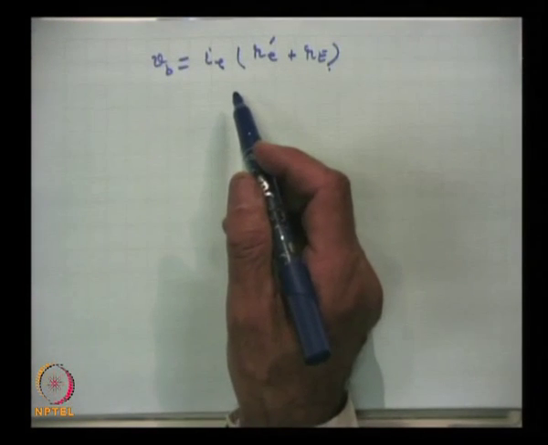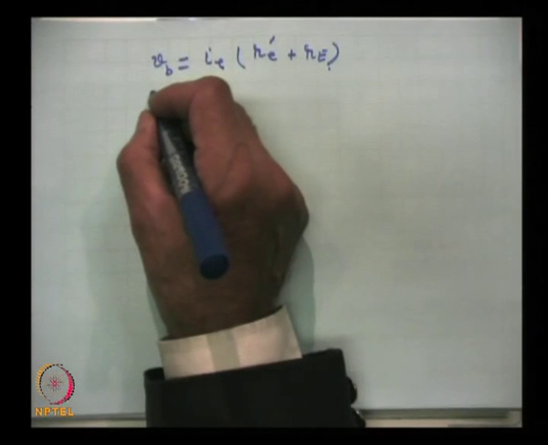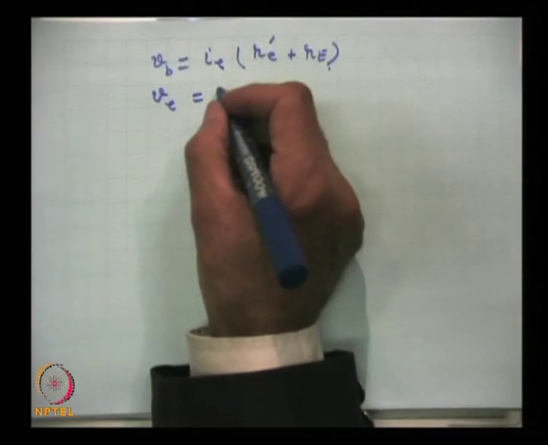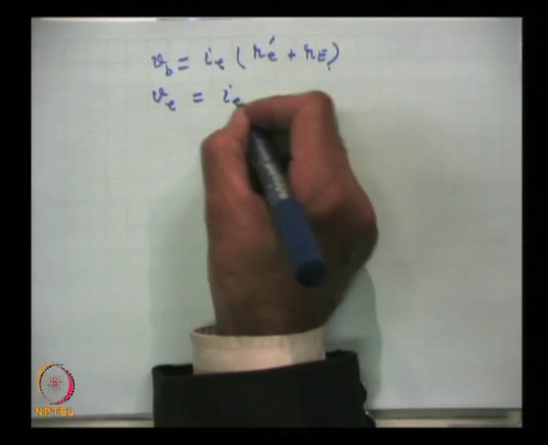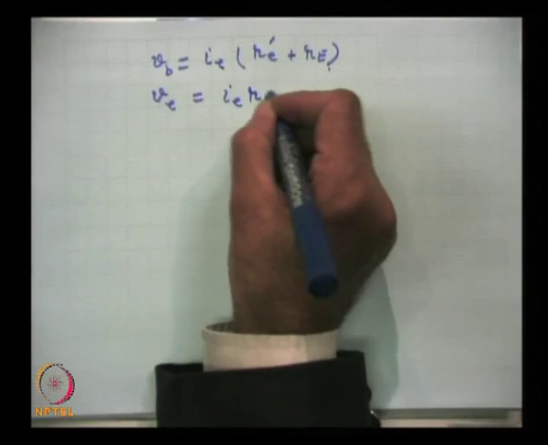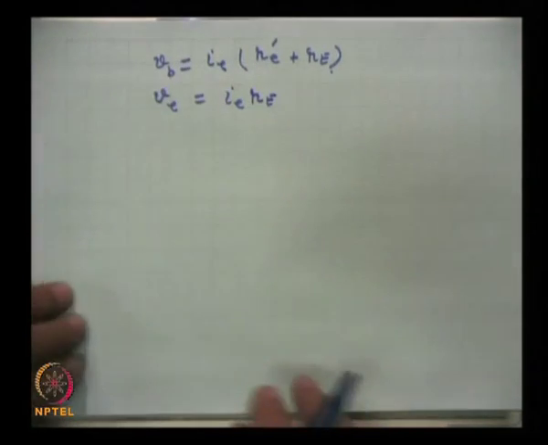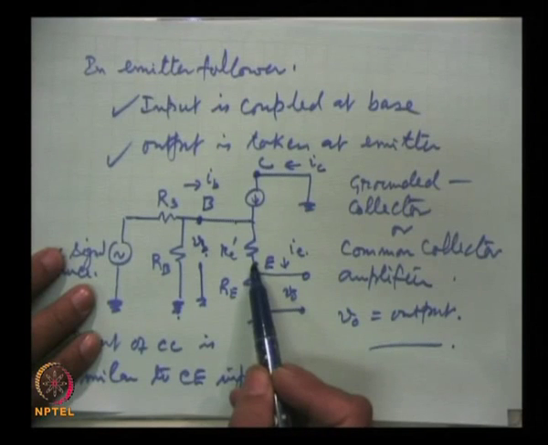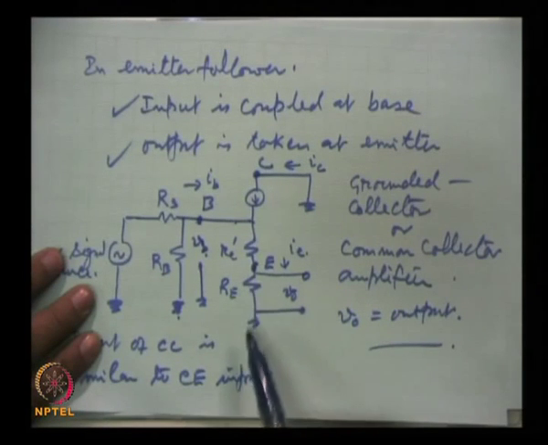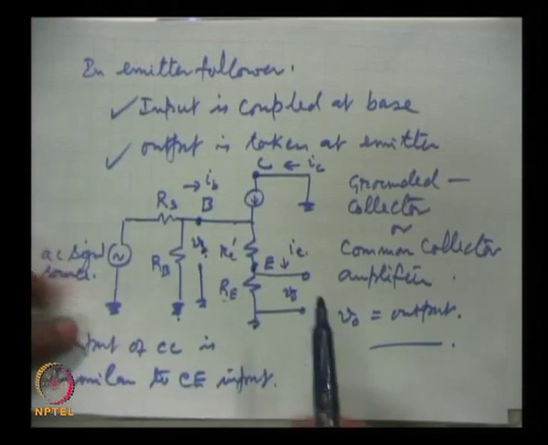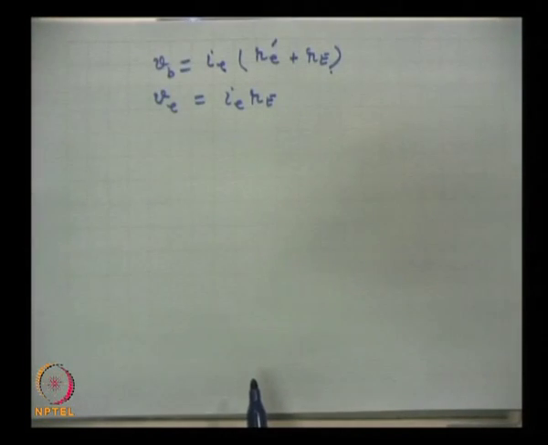And the other equation, V E, is I E into R E. This is the emitter lead. So, what is the voltage here? It is simply this current and the effective value of this resistance.